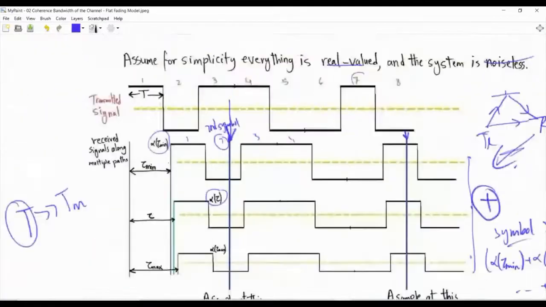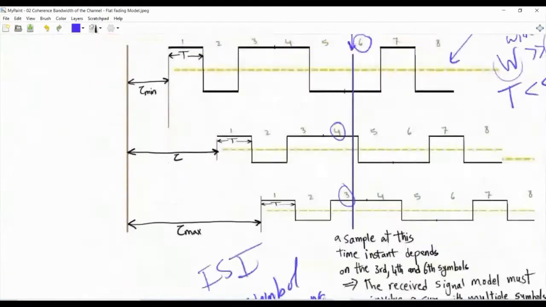If the symbol duration is much larger than the delay spread, then the multipath effect is there, but the nice thing is that if you take one sample at the receiver, it depends on just one symbol. If the delay spread is large, then you are in trouble and you get something more sophisticated like this, and the received signal at an instant of time will depend on several or perhaps many of the transmitted signals.